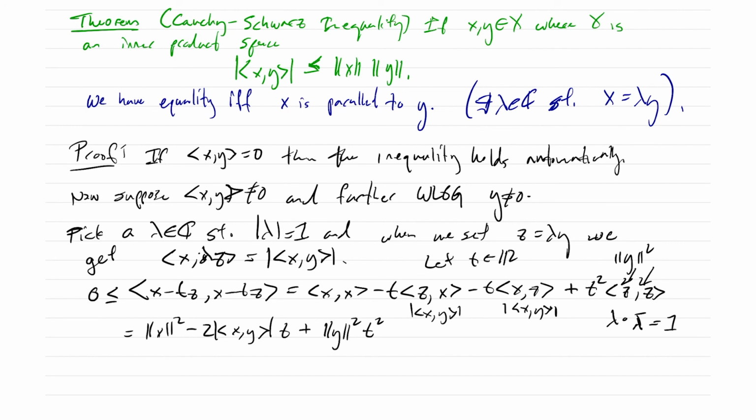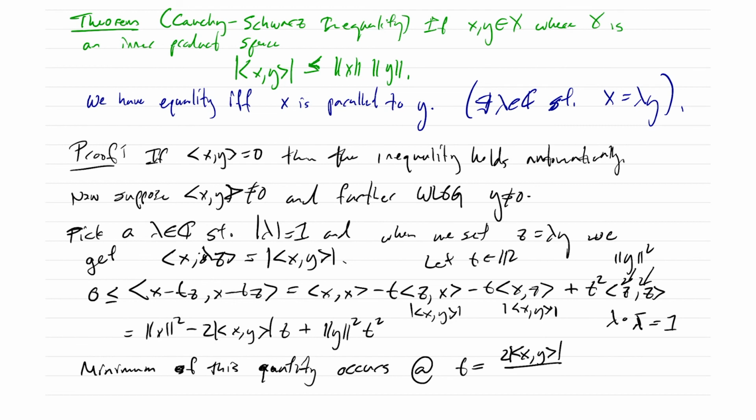All right. So if you recall your pre-calculus, the minimum of this quantity occurs at t equal to negative b over 2a.